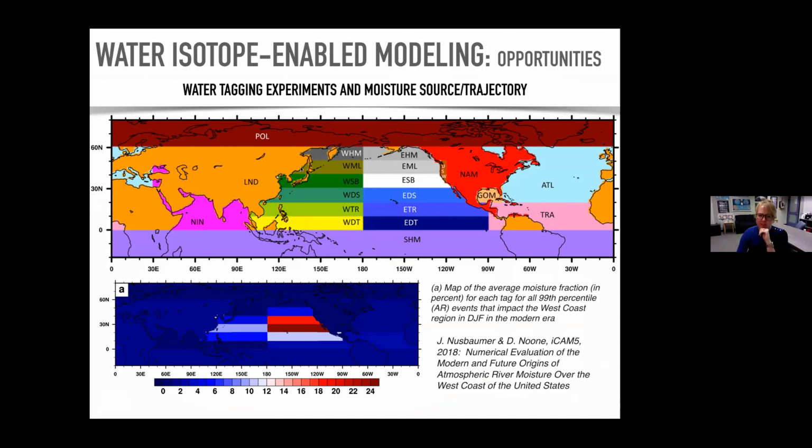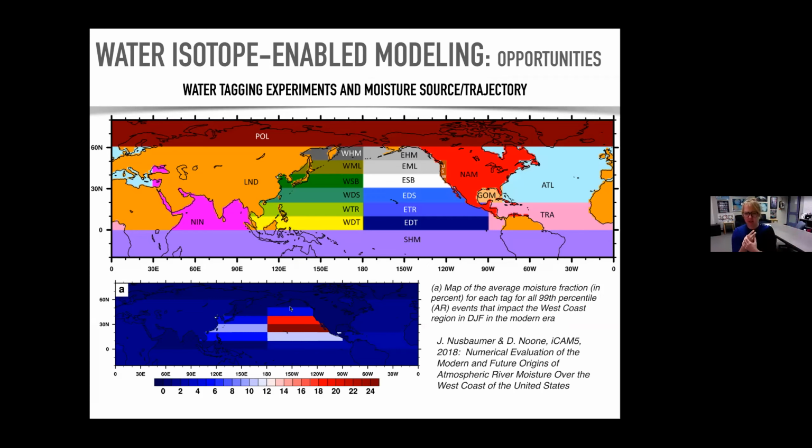So the ability to isotopically tag regions of the tropical Pacific or other areas of the world, and, in the bottom panel here, figure out the fraction of moisture and its isotopic content being delivered to a certain region in the United States is a really powerful tool that I think could be more widely applied, especially in paleoclimate studies where we're not sure: is the moisture coming in from the Gulf of Mexico or the tropical Pacific?